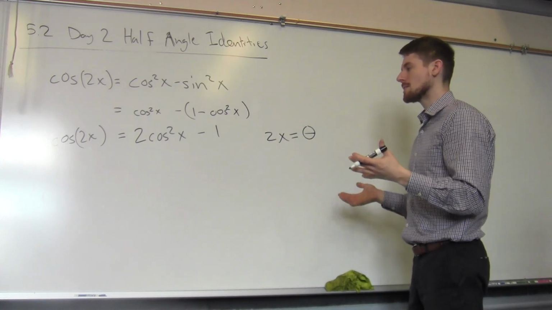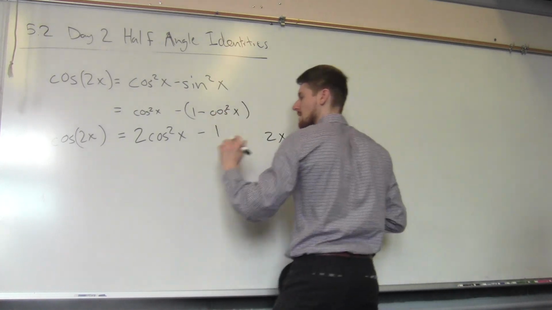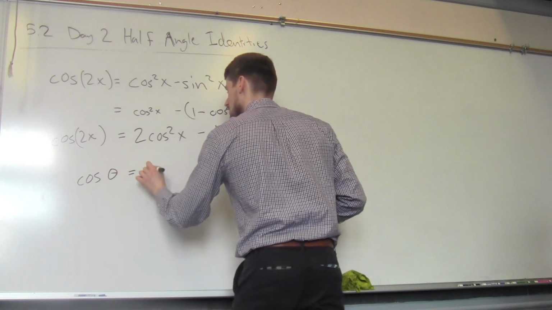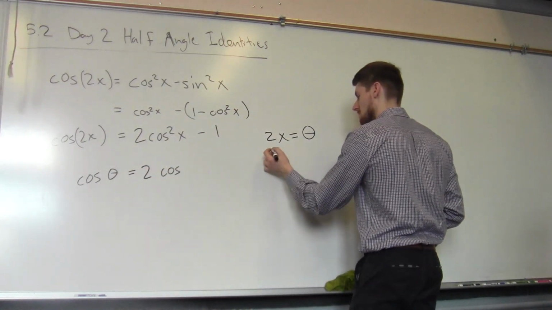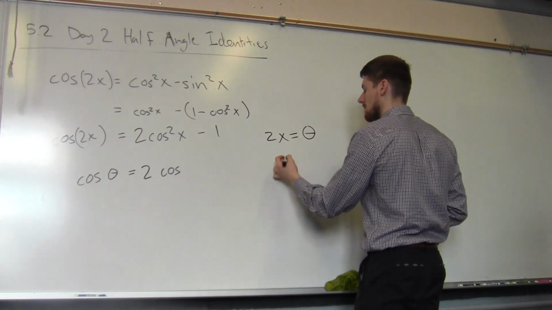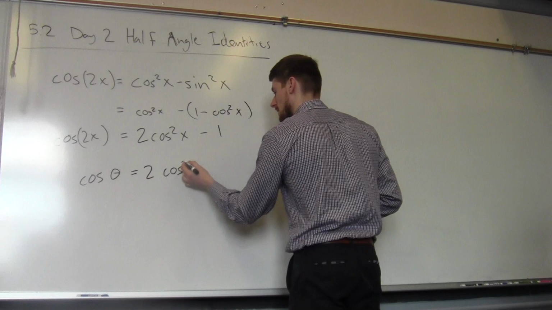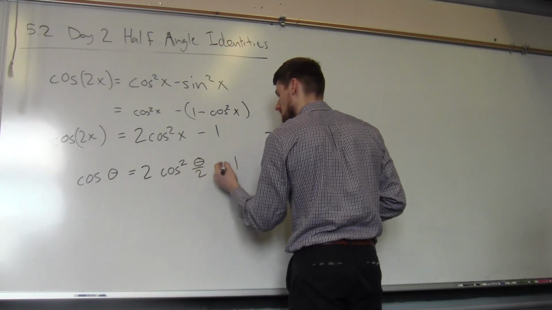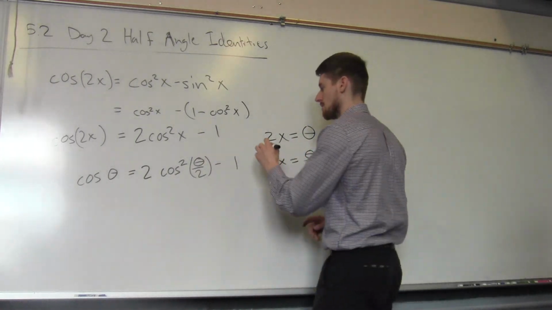So let's do a replacement here. That says that cosine of theta equals 2 cosine of, if I divide this by 2 and divide this by 2, this becomes x equals theta over 2, cosine squared of half of theta minus 1. So this is the substitution.